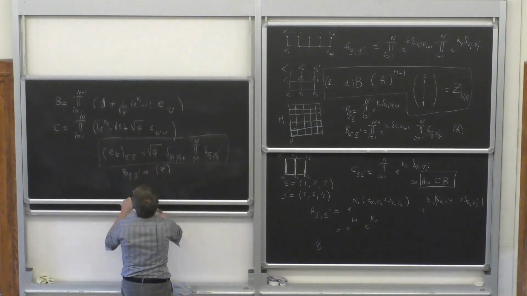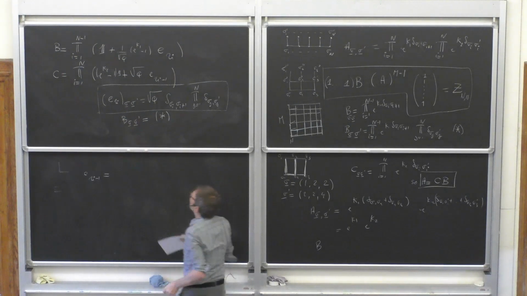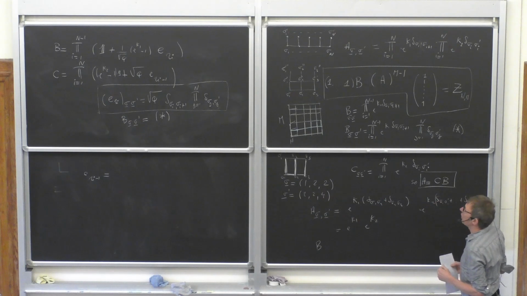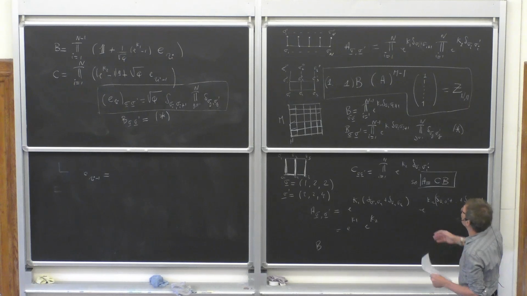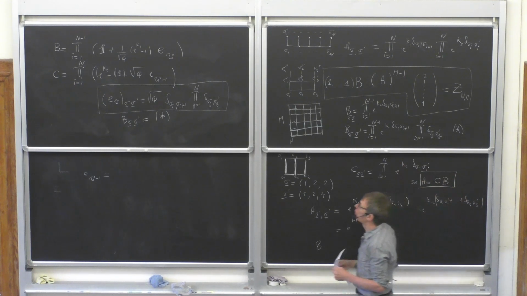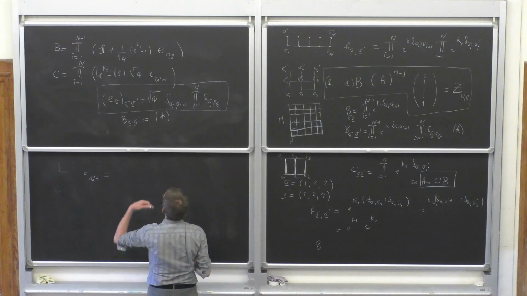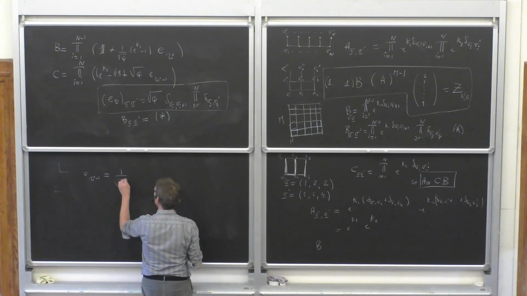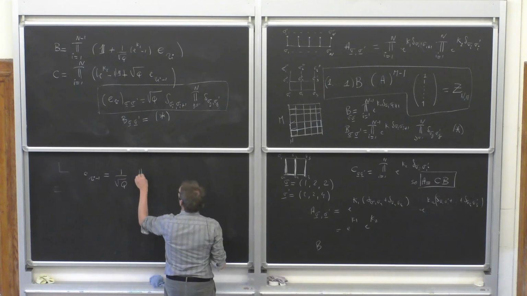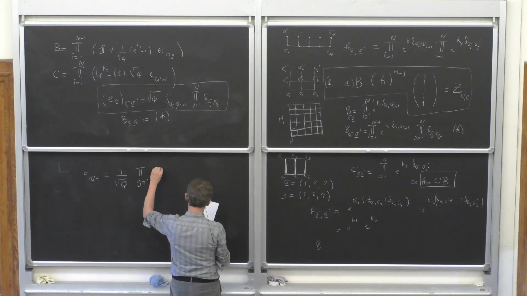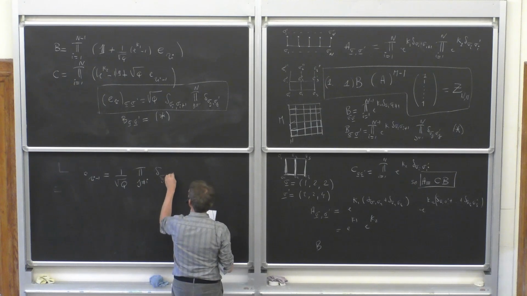So of course, whenever sigma is equal to sigma prime, I have the e to the k2 minus 1. But then if sigma is not equal to sigma prime, I should have a 1, because if sigma is not equal to sigma prime, this thing should reduce to a 1. So e to the 2i minus 1 must allow for spin changes, so it should be something like 1 over square root of q product for j not equal to I of delta sigma j sigma prime j.